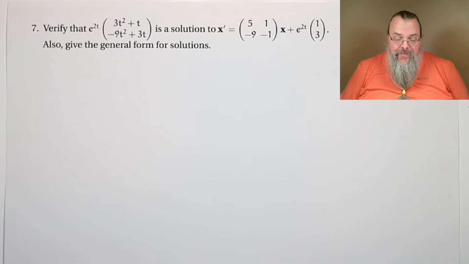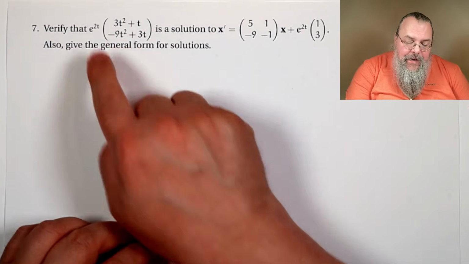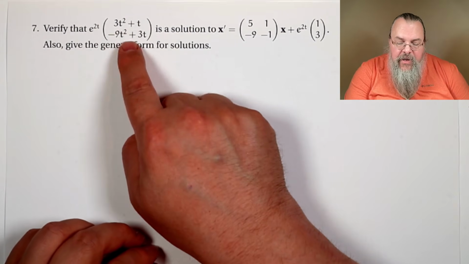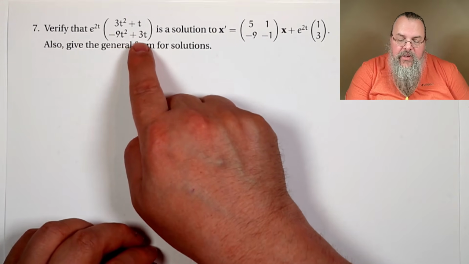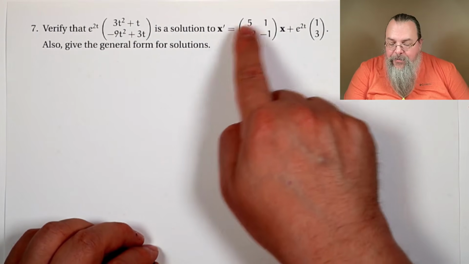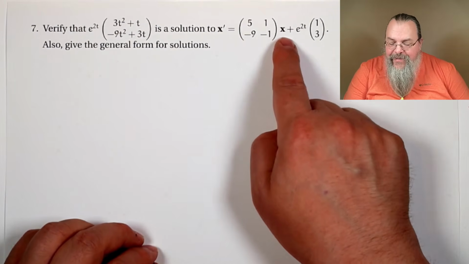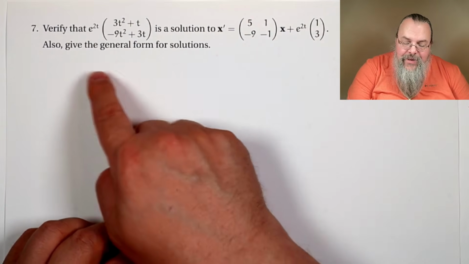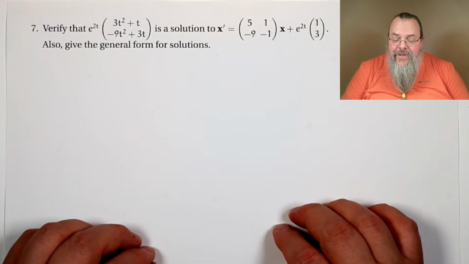Number 7. Verify that the function e to the 2t times 3t squared plus t, minus 9t squared plus 3t, is a solution to x prime is 5, 1, minus 9, minus 1 x plus e to the 2t, 1, 3. Also, give the general form for solutions.